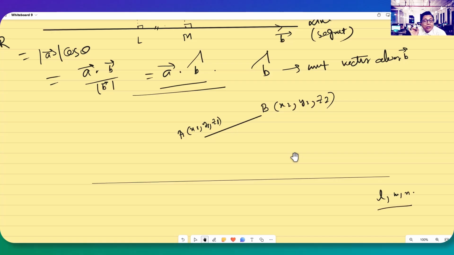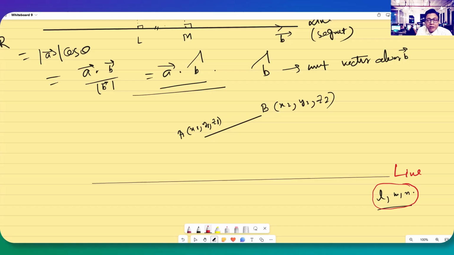Now, what I told you, purely 3D geometry, no vector was there. So, there is line segment AB and there is a line here. I did not specify anything vector over there. Your problem is to find length of projection of this line segment whose two extremities are there on this line whose direction cosines are l, m, n.